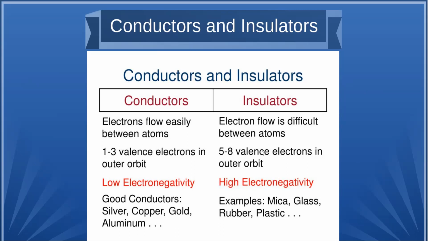Insulators have many more valence electrons in the outer orbit, so it's very hard to strip them out, which is what the high electronegativity means. And examples of that are mica, glass, your rubbers, plastics, those kinds of things. Exam question will talk about glass as an insulator.